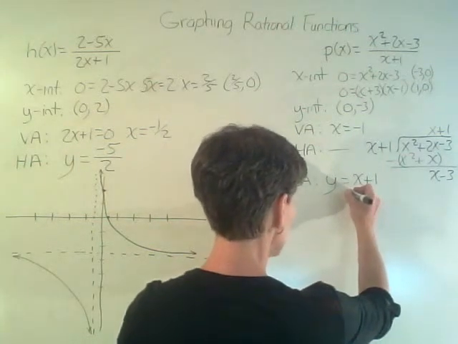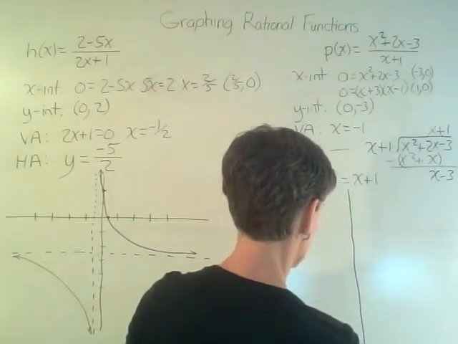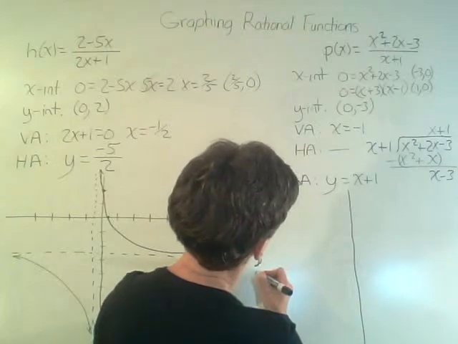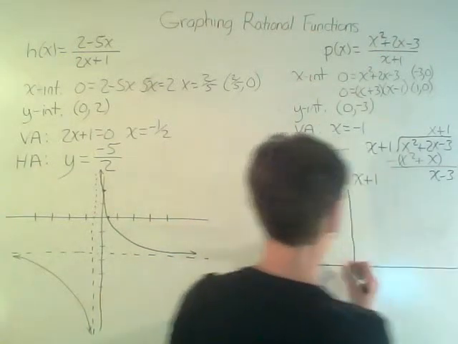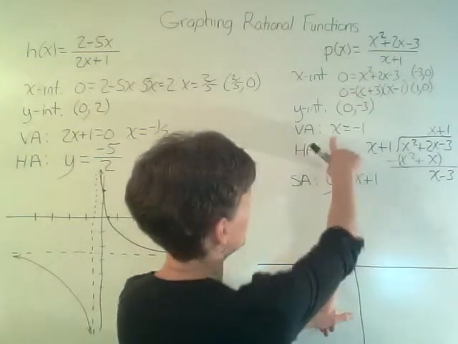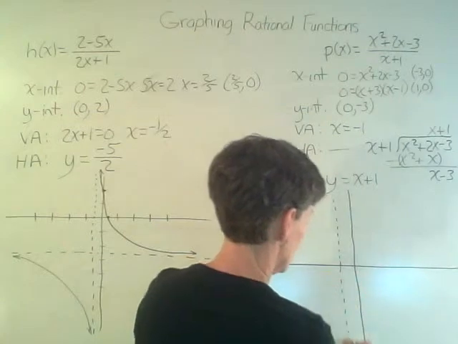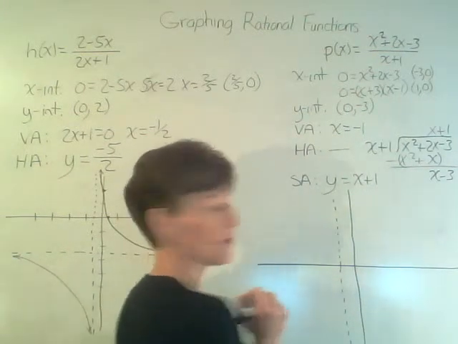So let's go ahead and graph this. All right, and let's see, x plus 1, x equals negative 1. All right, well, I think we're pretty good right here. So here's my x equals negative 1 vertical asymptote. Remember, we never cross the vertical asymptotes with our graphs.